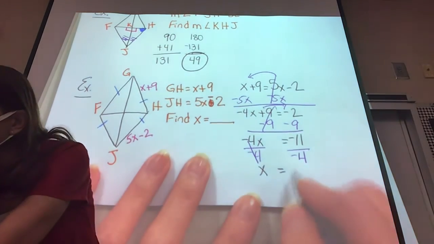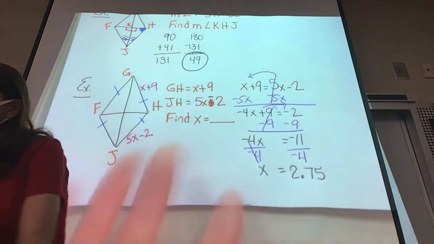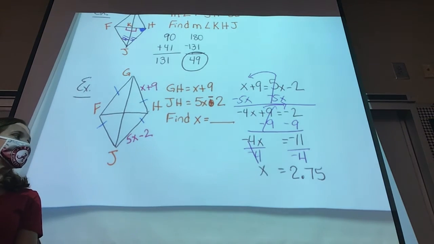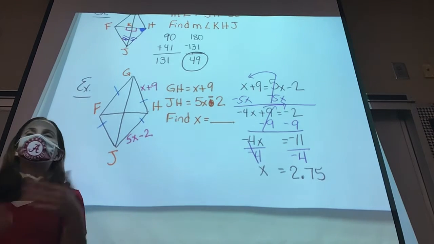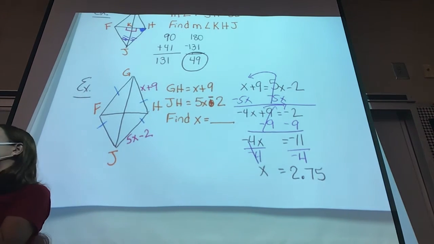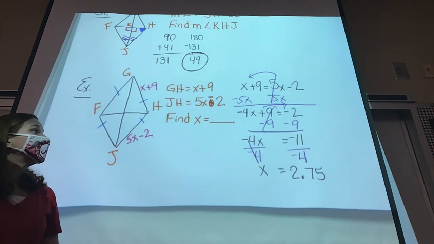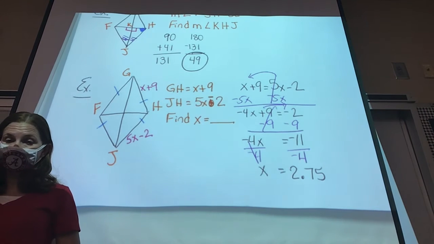So what is our decimal? 2.75. So this one actually ends. So we know that x is just 2.75. It's not like it's 2.13589 and blah, blah, blah, it keeps going. It actually ends, so we don't have to round it or do anything because it ends on its own.